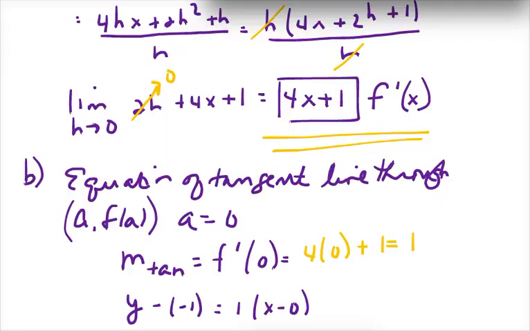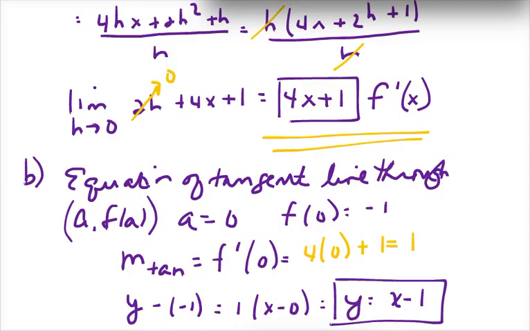Negative 1 was just achieved by putting 0 into f, you get negative 1. So that equation is simply y equals x minus 1. Okay, so that's the general form of the derivative for the function, and then the second one is the equation of the tangent line at a specific value for a.